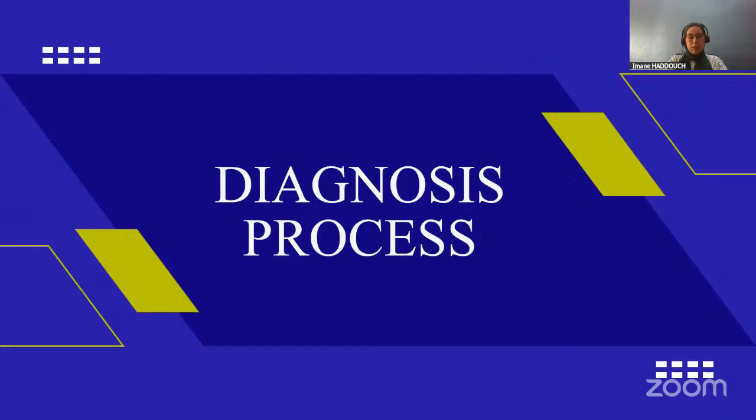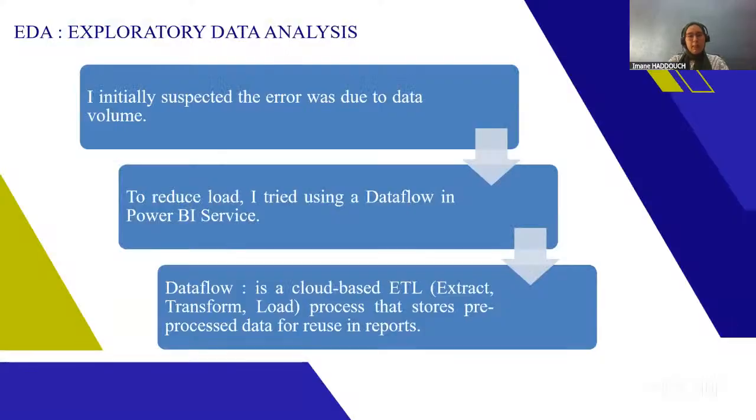The diagnosis I walked through. So I initially suspected that the M engine had the same error as Databricks, hitting its limit with runtime calculation because we have a large data set. We're talking about 12 million rows of data a month, and that caused the 407 error.